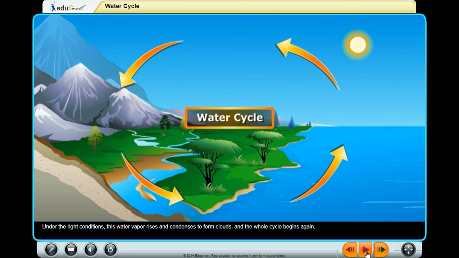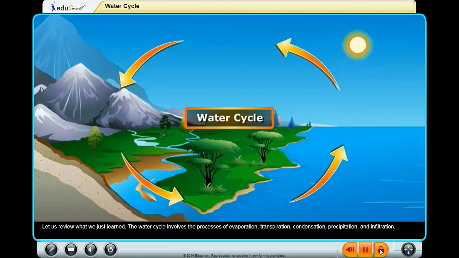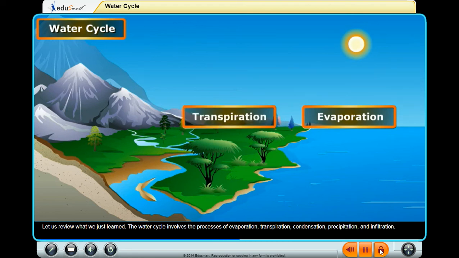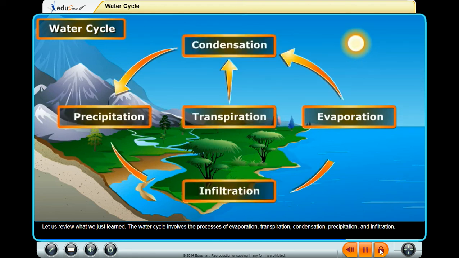So lots of cycles going on simultaneously. Let us review what we just learned. The water cycle involves the processes of evaporation, transpiration, condensation, precipitation, and infiltration.